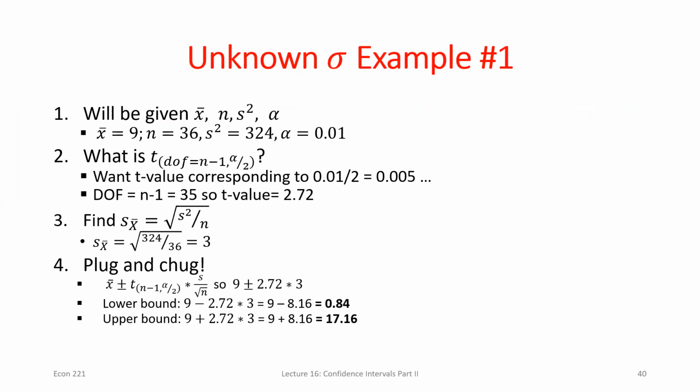Now there's not much context to this example, so I'm not going to do any interpretation of this confidence interval. And I did break this down. Someone in my earlier sections asked me, where's that 8.16 come from? Well, remember, we can refer to what we're adding and subtracting to our sample statistic as our margin of error. It's not quite as useful when we're looking at sample mean examples.